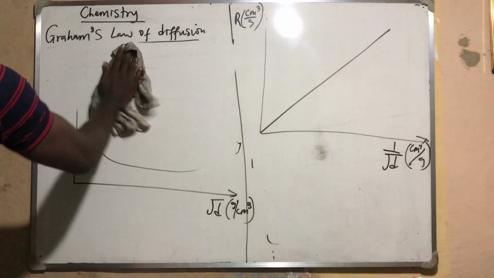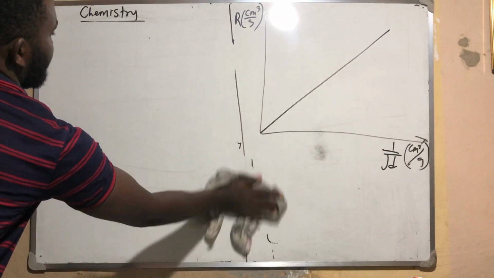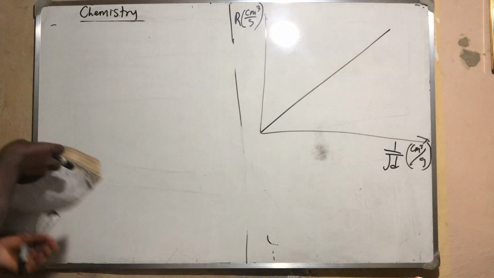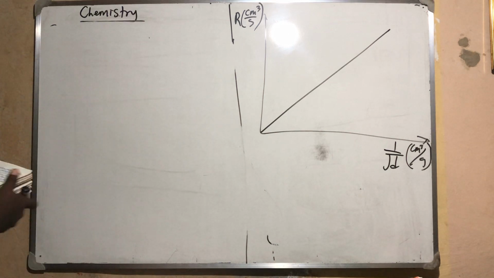Calculations involving the rate of diffusion of a gas that is inversely proportional to the square root of its density.